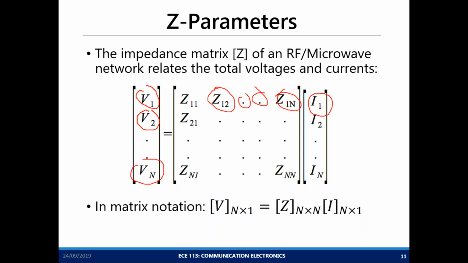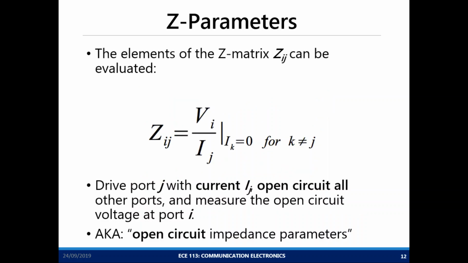So to solve for the Z parameters, you need to be able to inject a current at port J and measure the voltage at port I. So this will be the input and this will be the output. If we drive port J with current I_J and all others are open circuited, that would force the current at each of the other ports that is not port J to be 0, since it's an open circuit, and then you measure the voltage at the different ports.